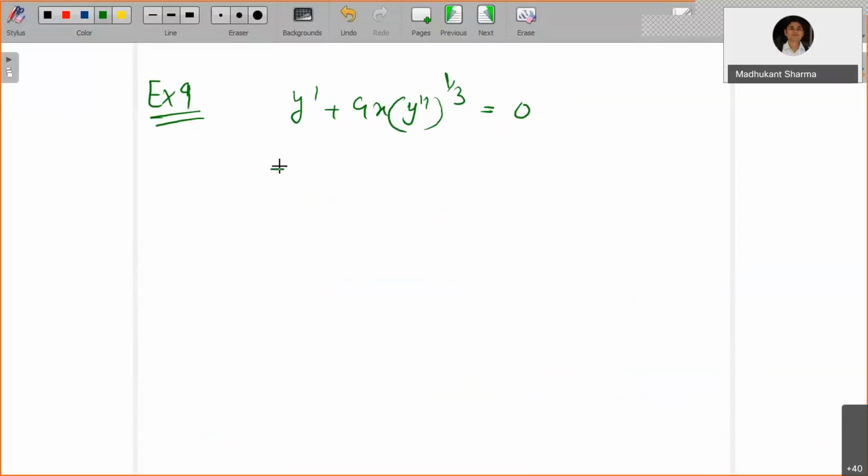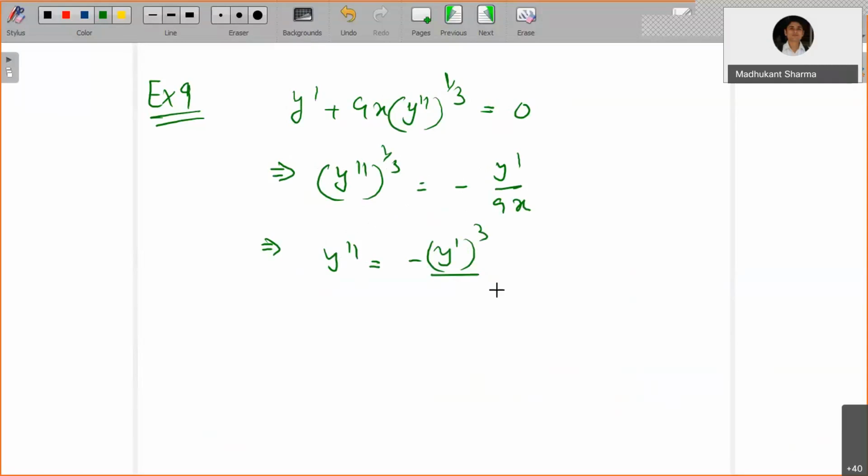So from here, to get rid of this fractional power, I can certainly write y double dash to the power 1/3 is equal to minus y dash by 9x. Now you cube both sides, so that will be y double dash is equal to minus y dash cube by 729x cube.